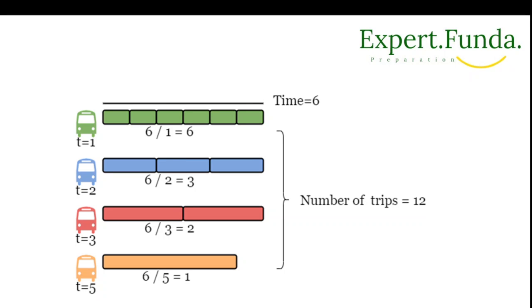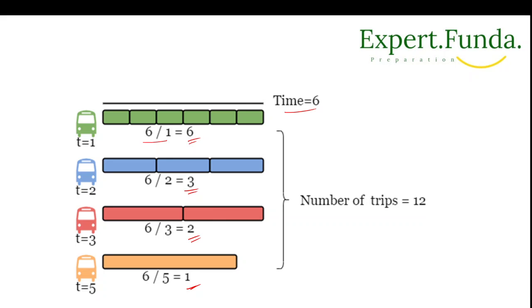Applying this formula, 6 by 1 is 6, 6 by 2 is 3, 6 by 3 is 2, and similarly 6 by 1 is 6.